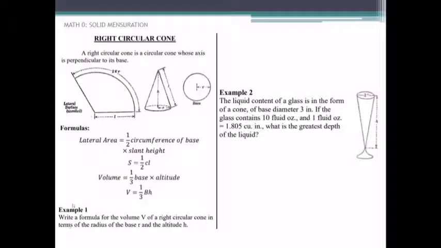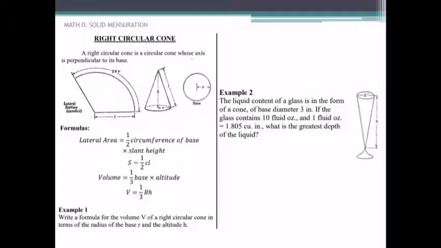Next one is the right circular cone. I guess this is the last one. A right circular cone is a circular cone whose axis is perpendicular to its base. So, its axis is perpendicular to its base.